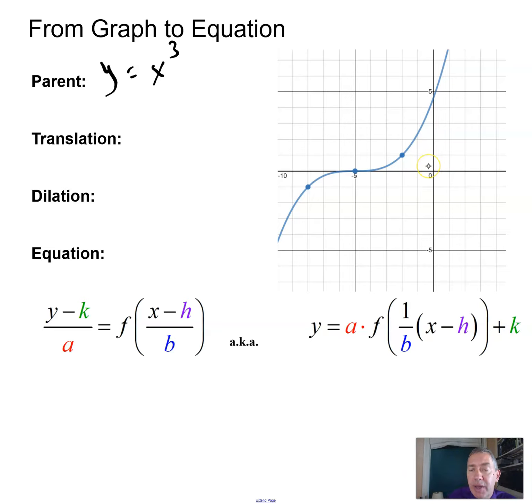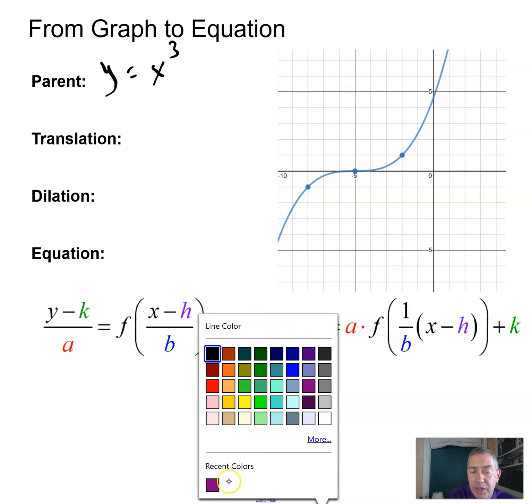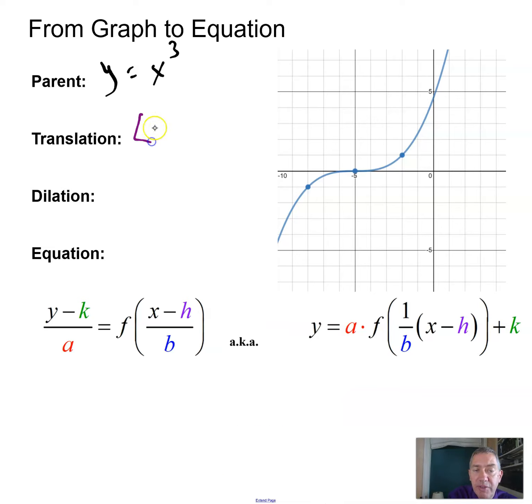So 0, 0 is that key inflection point. In this case, 0, 0 has moved 5 to the left. So my h is left 5, so h equals -5. It has not moved up or down at all, so k is 0.